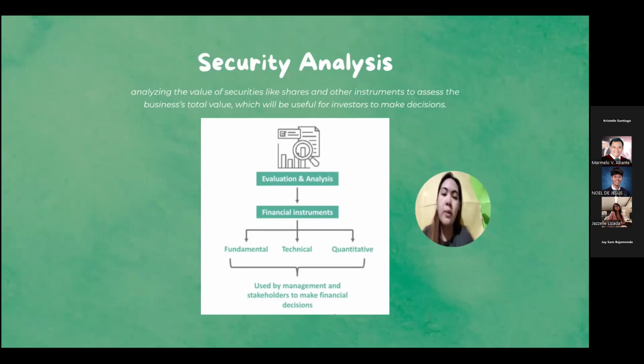pag-loss ng money nila. So, ito yung mga steps na ginagawa nila sa security analysis. First is evaluation and analysis. So, ito lang yung pag-gather nila ng information like data, yung mga financial statements, yung report nila.